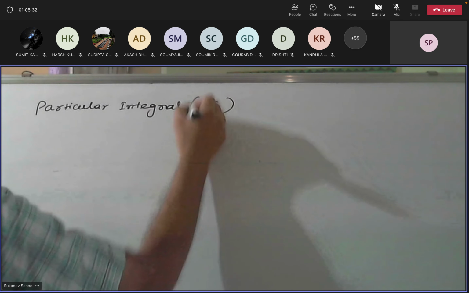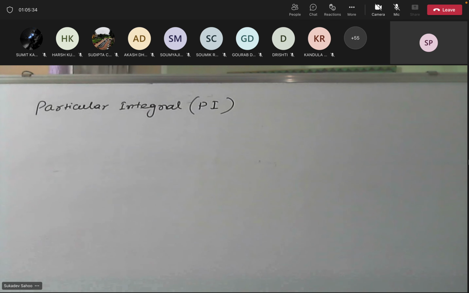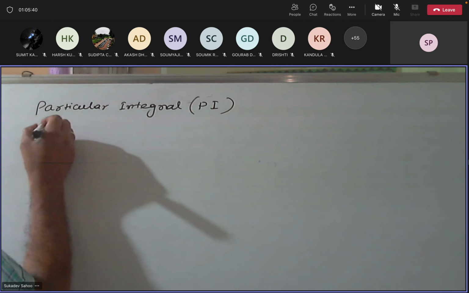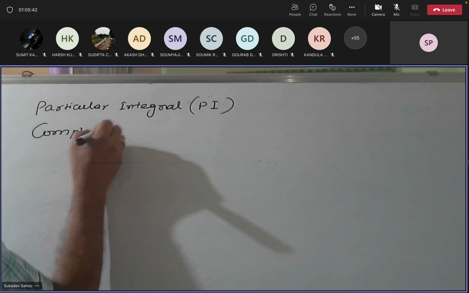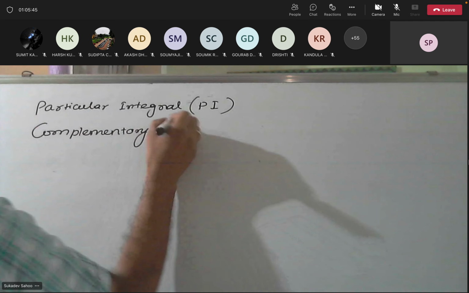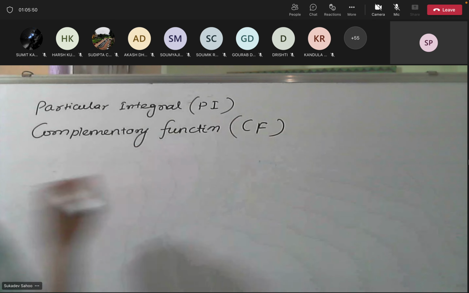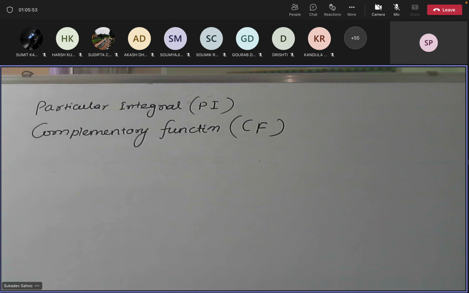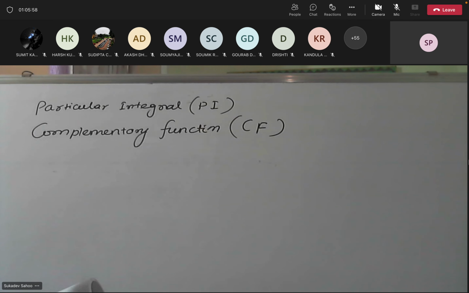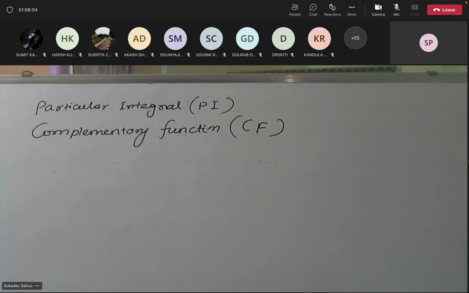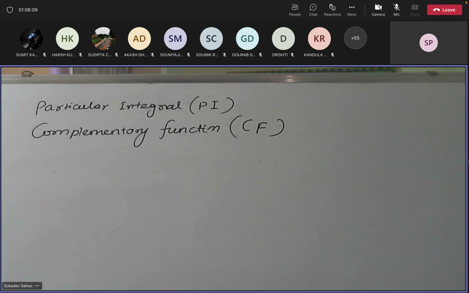The particular integral does not have any arbitrary constants. And the second part is the complementary function, which is the general solution of the homogeneous equation obtained by setting the driving force to 0.